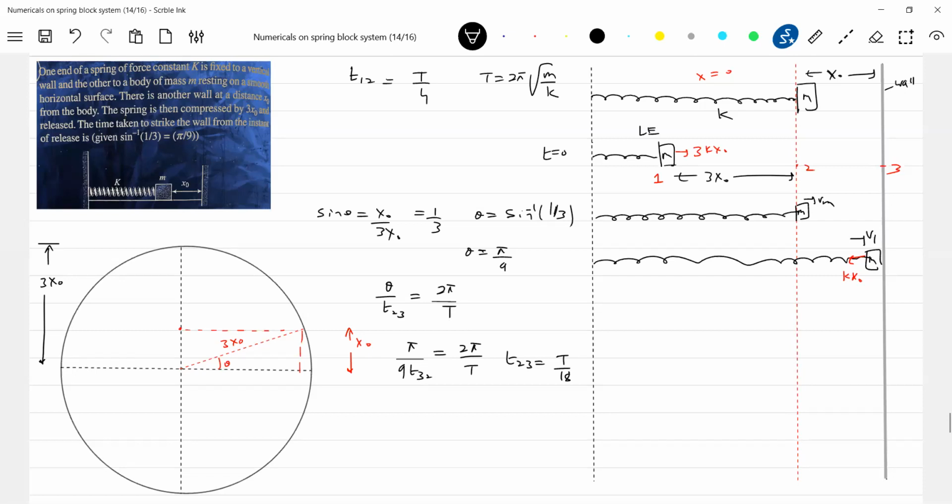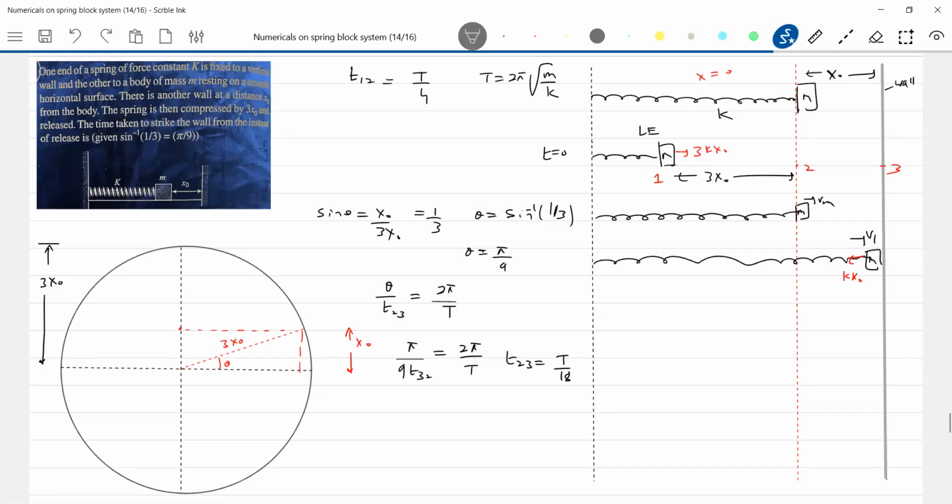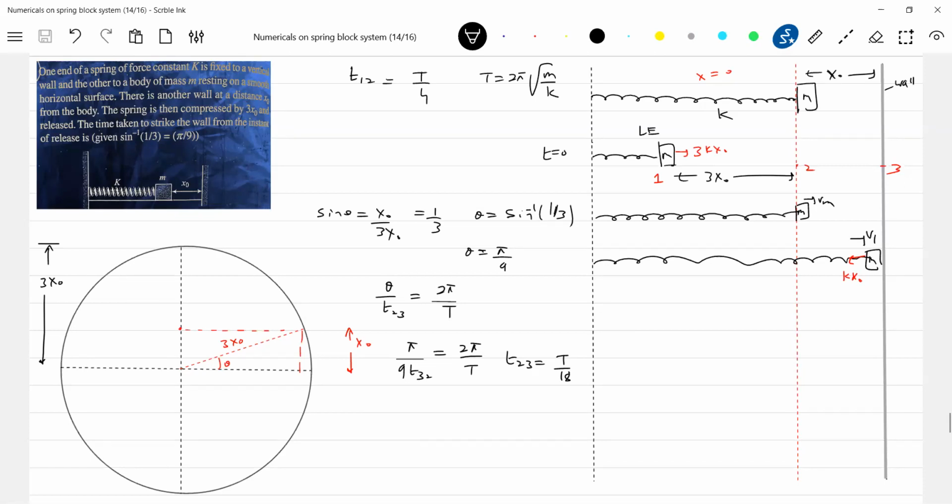What is the time period of oscillation? We'll calculate. T naught, I'll write it. If the wall were not there, it would have taken this much time. But because of the wall, what is the time period now? I just change its symbol.